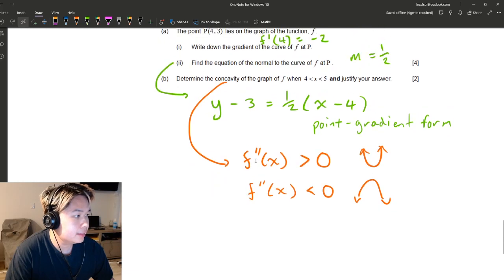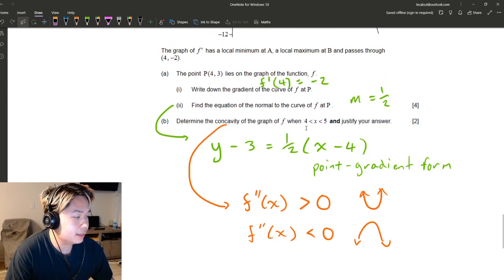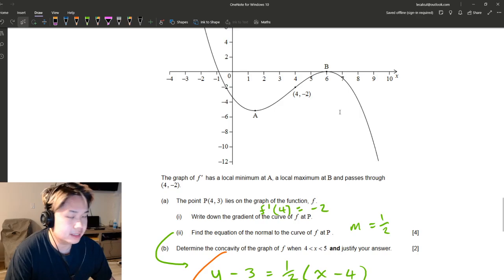Now we have the graph of the derivative, and you can see from 4 to 5, right? It's increasing. So if I take the derivative of this graph, then it should have a positive derivative here.